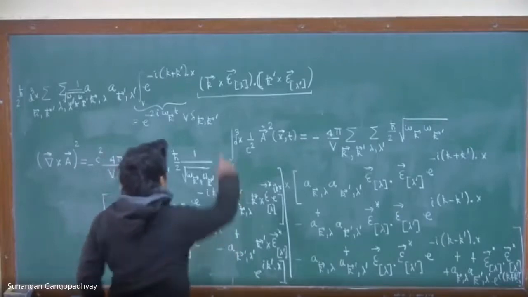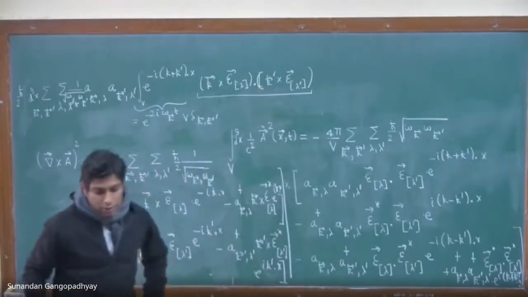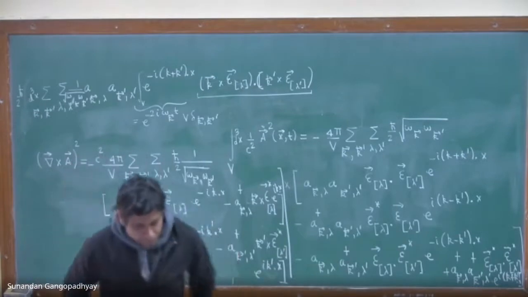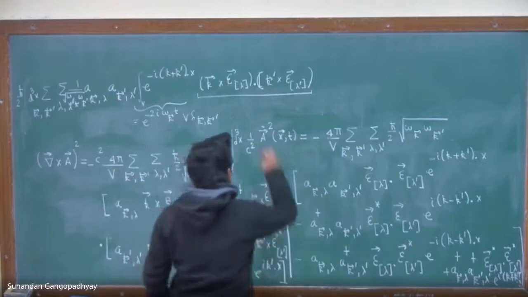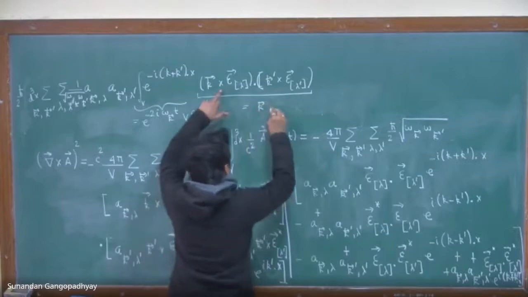This is like A dot B cross C. Therefore, what we can do here is just apply it. You can write this as the k vector, replace this by a dot product and this by a cross product.